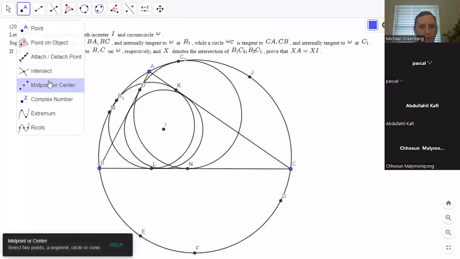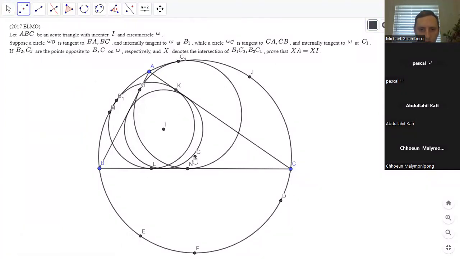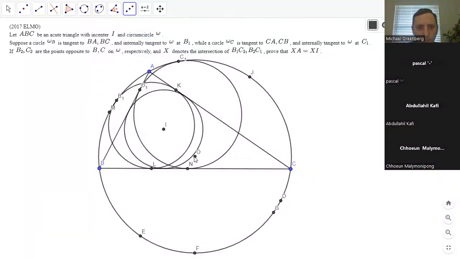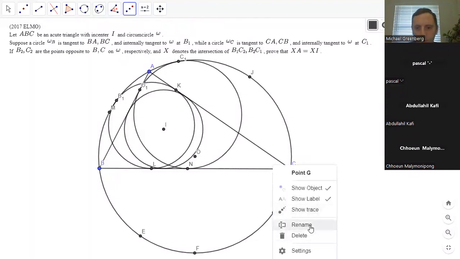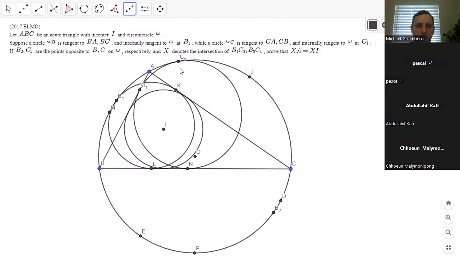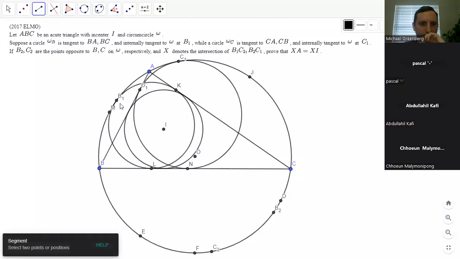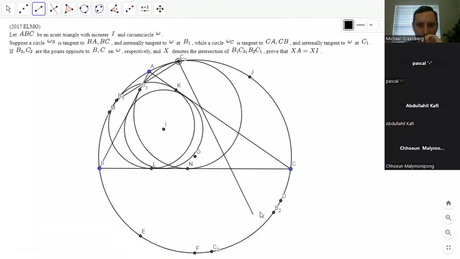Okay, so we want to draw the center of ABC. So we should get a rectangle, I believe, right? So when we reflect them about those points, this should be B2. And so B1, C1, B2, C2 is a rectangle. I think it is.